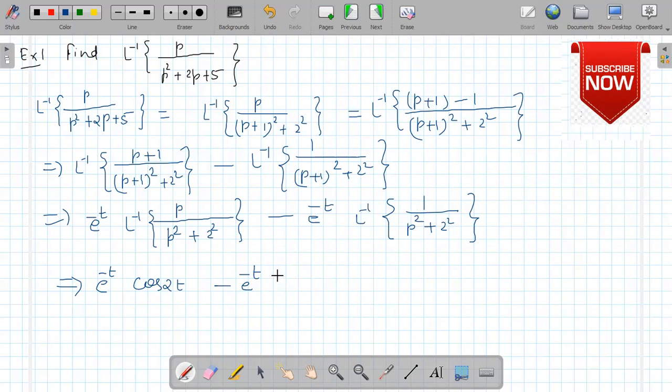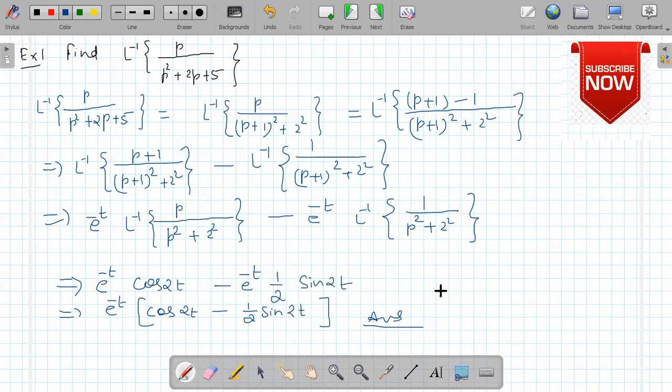So we have 1 upon 2 here, and 2 is assumed to be here. So we can write this as sine 2t. We can simplify it by taking e raised power minus t common, or you can just leave it as it is. That's all. This is the answer.